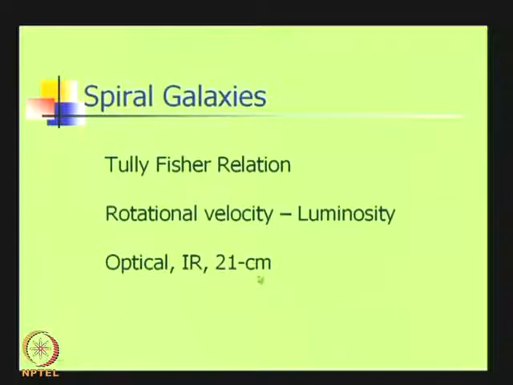This can be done either in optical or in infrared or 21 centimeter neutral hydrogen, which we have discussed. Here again, if you can measure the rotational velocity, which is easy from Doppler shift, you can predict the luminosity of the galaxy.